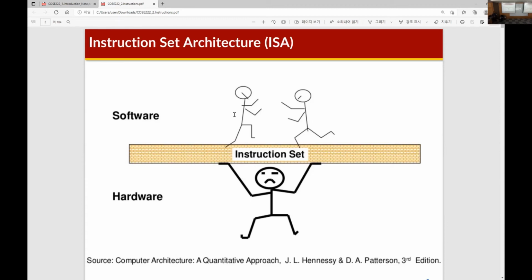Think like this: add x1, x2, x3. That is an example of an instruction.